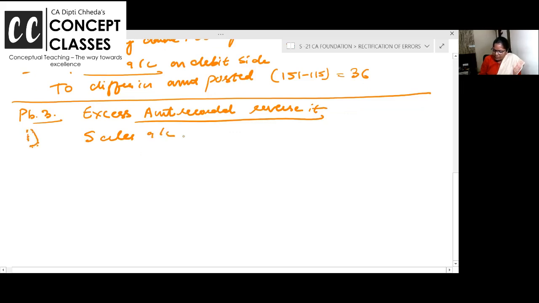Sales account debit to Ram 7,100. You have recorded, you should have recorded 1,700. 5,400.